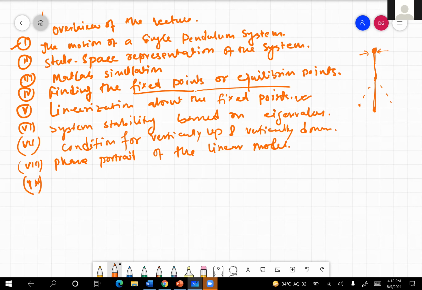We'll also give some control aspects using PID control, the control of the pendulum using PID control. All this I'll explain theoretically, and on top of that I'll also show MATLAB simulation.